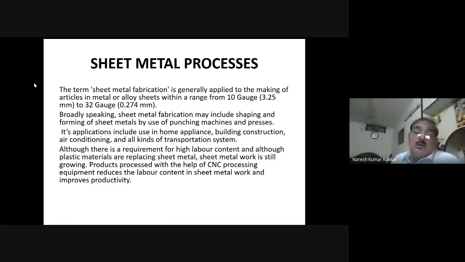The bodies of cars and even many types of plastic materials are created by sheet metals. Although there is a requirement for high labor content, and although plastic materials are replacing sheet metals, sheet metal work is still growing. Products processed with the help of CNC processing equipment reduce the labor content in sheet metal works and improve productivity.